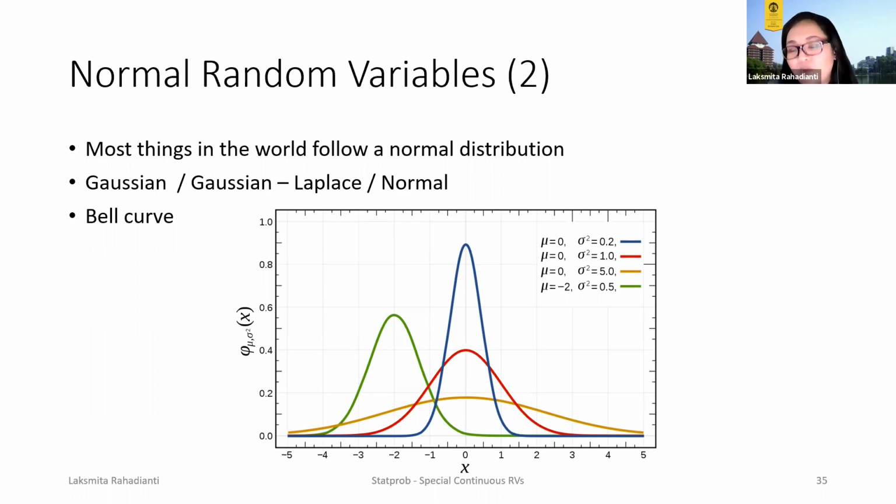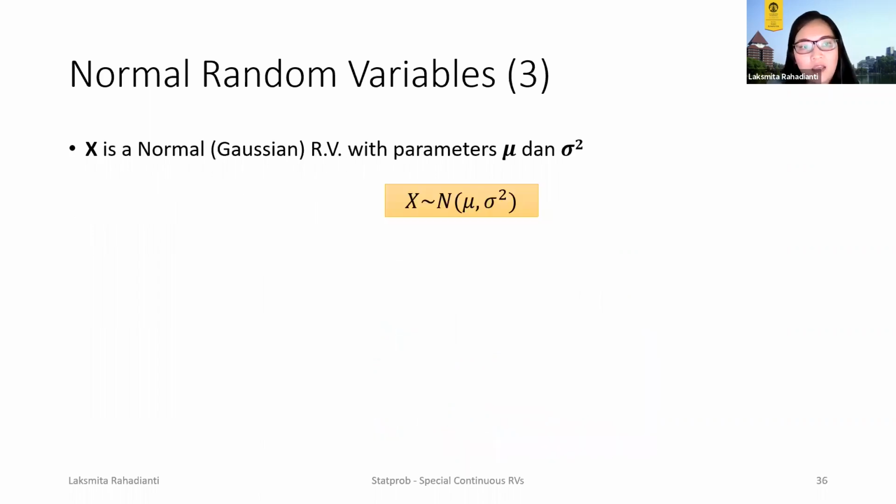Just as we learned about this distribution, I believe in the first week of courses when we looked at normal distributions, we know that X is a normal or Gaussian random variable with parameters mean and standard deviation. We can denote it mathematically as X follows a normal distribution with parameters mean and standard deviation.